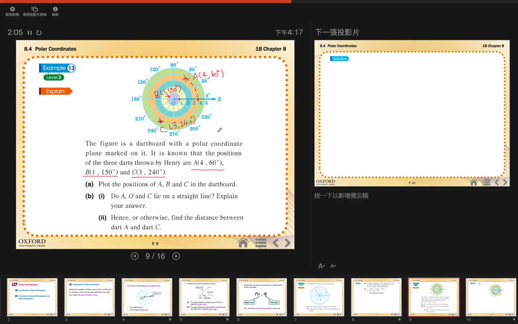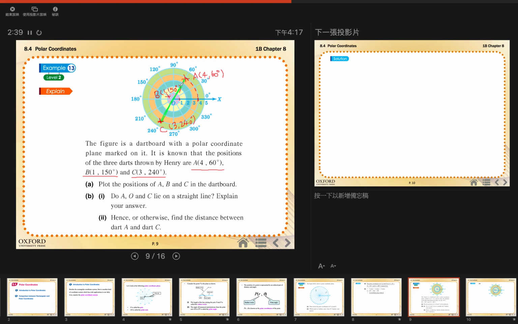And then for part B, part 1, you are asked to explain whether A, O, C lie on a straight line or not. For a straight line, you need to clarify their angle. That means now you are asked to think about whether A, O, C is a straight line or not.